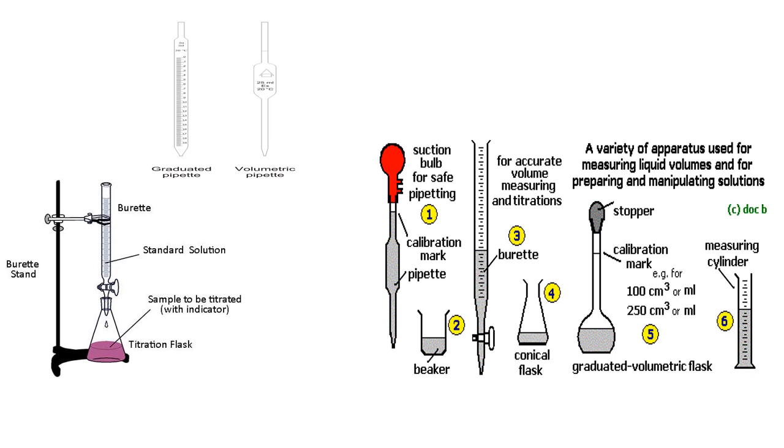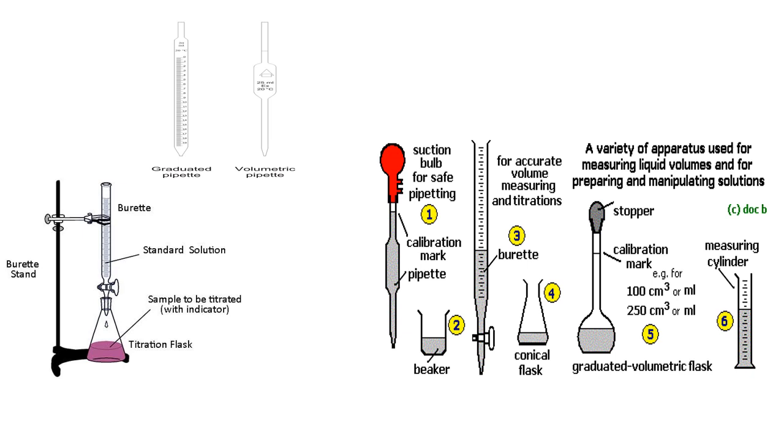The standard solution is the acid inside the burette. The retort stand holds the burette in position; that is its function, for an apparatus that cannot stand on its own. If you move up to the other apparatus, you see the pipette, the volumetric pipette, labeled there.